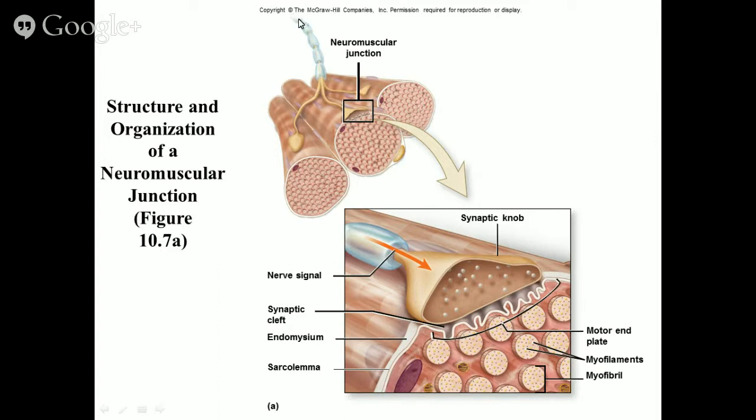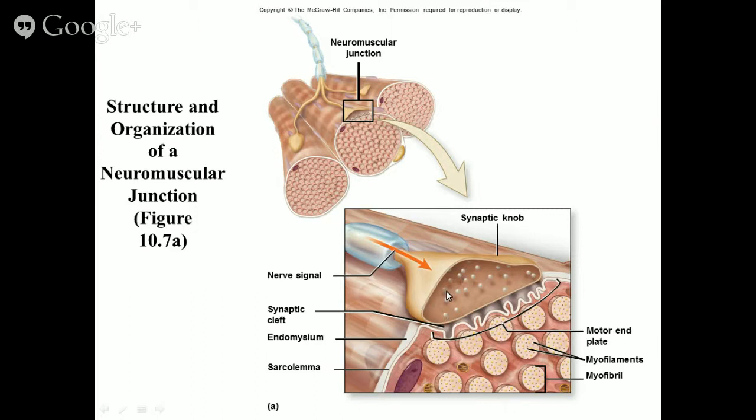Basically, what happens is an electrical signal passes through the axon of this motor neuron, and then it goes out through these branches of telodendria, and then these signals ultimately communicate with the muscle fibers that the motor neuron is innervating. So we can see an action potential will come down this axon, then go out through the telodendria, and then it gets to the end of that telodendria known as a synaptic knob.